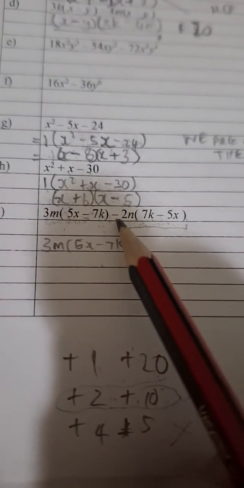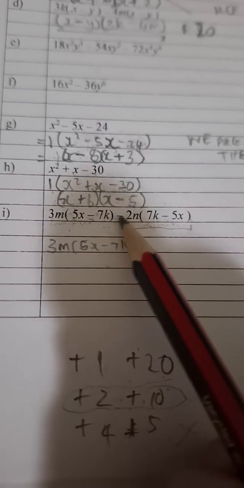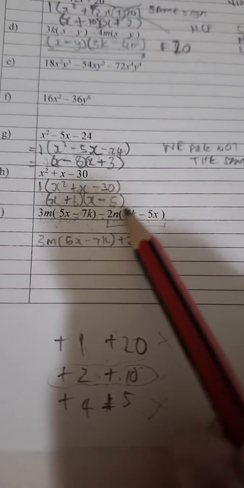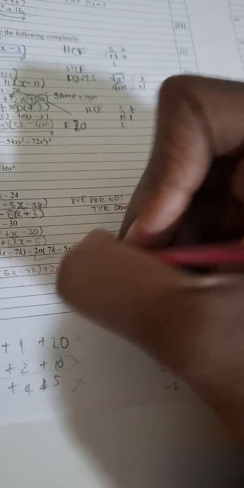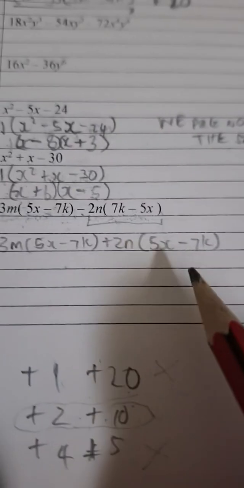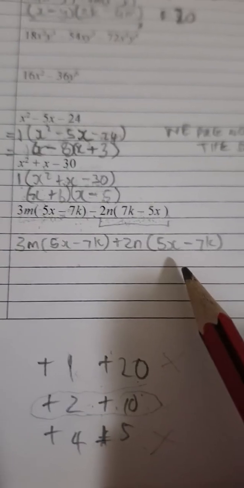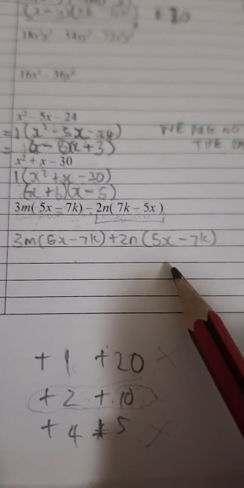We are going to change the sign outside our bracket from negative to positive, and then change the order inside this bracket. And look at me go: 5x minus 7k.